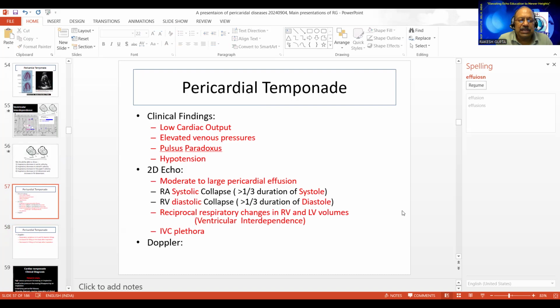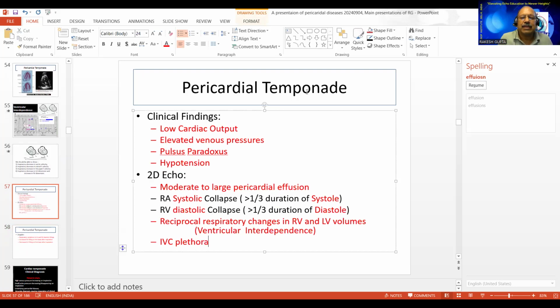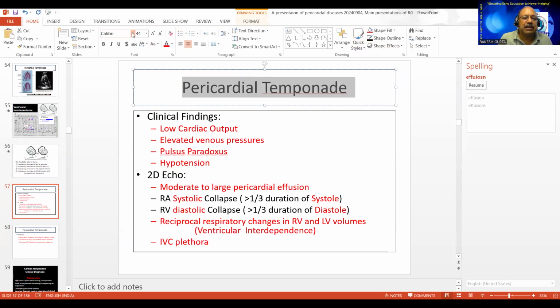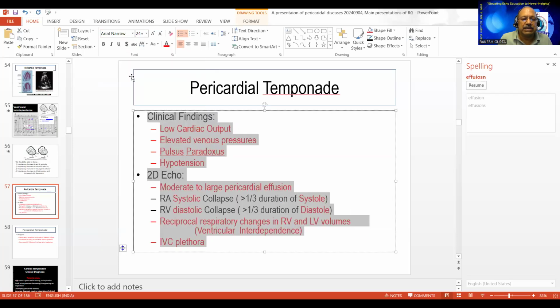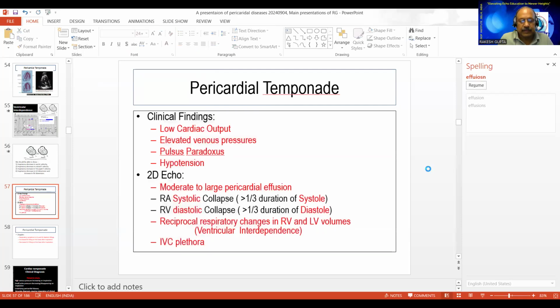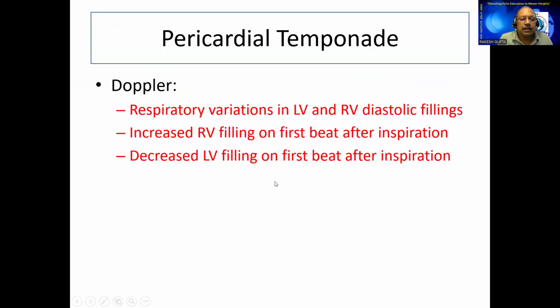So once you look at all these things, only one factor is left behind, what? The Doppler flow pattern. And how do we look for it, as I explained earlier: the Doppler flow pattern will show inspiratory and expiratory changes.